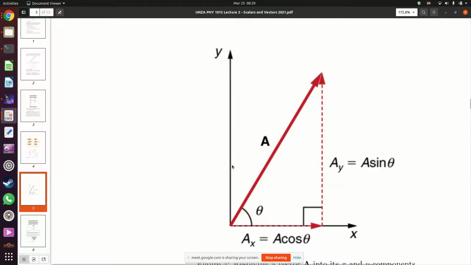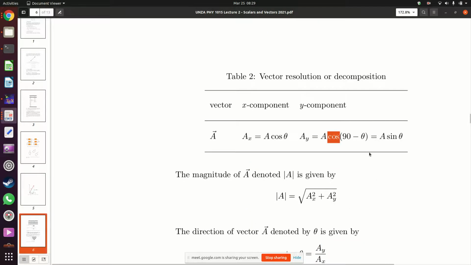So always you define your component in terms of cosine. If from here to there is theta, the remaining angle from there to there is going to be 90 minus theta. Then it turns out that cos of 90 minus theta is actually sin theta. That's why we have A sin theta, and we're going to use this A sin theta going forward.